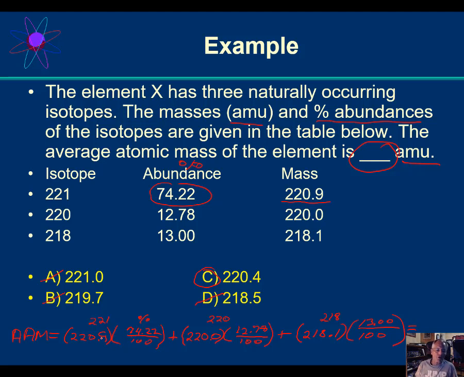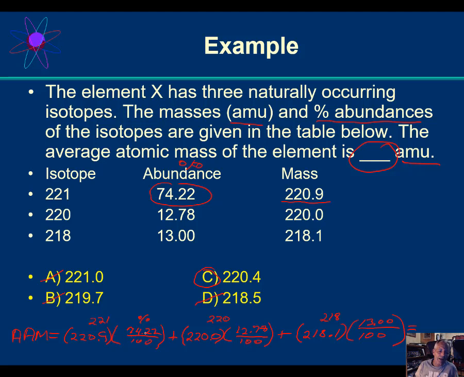Now, when you plug this into your calculator, I wouldn't bother computing these as individuals. I would simply plug in 220.9 times 0.7422, or you could do 74.22 divided by 100 plus 220 times 12.78 divided by 100.